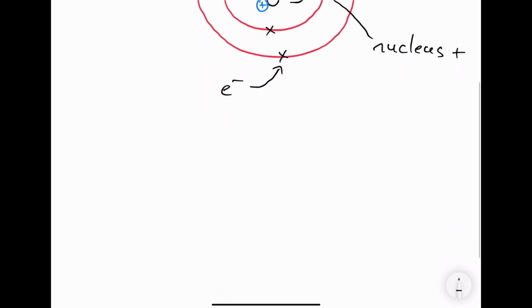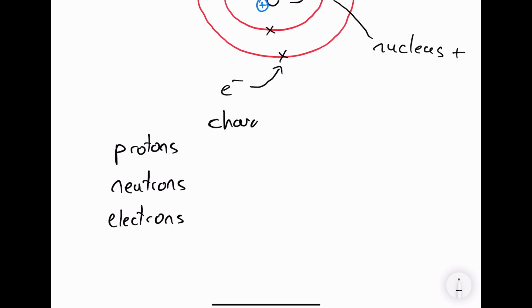So if we look at the properties of the subatomic particles, we have protons, neutrons, and electrons. We're going to look at their charge, their relative mass, and their location.